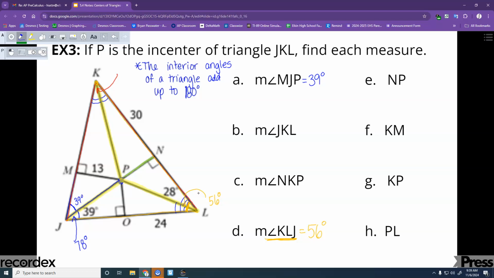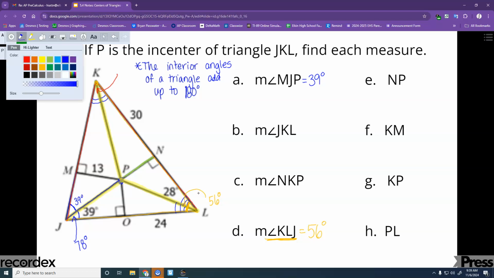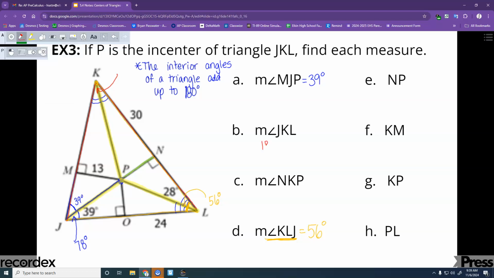For this part, I can do 180 minus 78 minus 56, and that is going to give me 46 degrees. So that's 46 degrees.